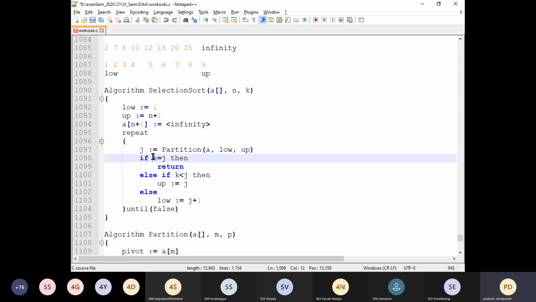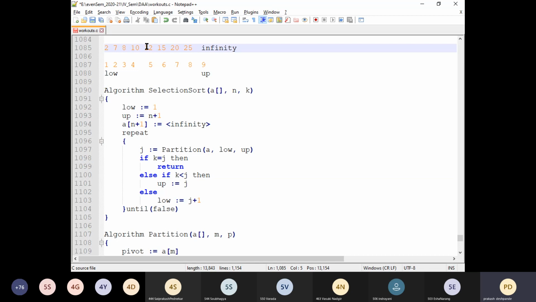If that is not so, then there might be two other possibilities. The second possibility could be that the k value is less than whatever j has given, meaning the k value resides on the left of the partition. If that is so, we are only bothered to look at the left positions.